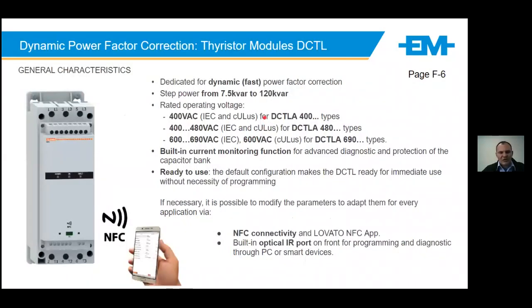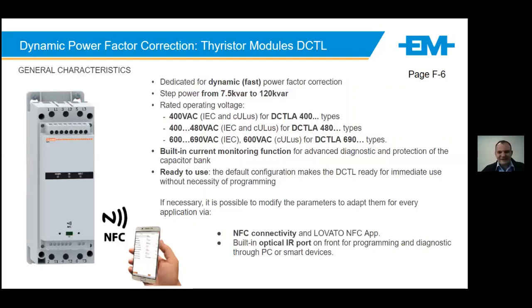So general characteristics: the product can be provided from 7.5 to 120 kVA. We have different voltage ratings depending on your system. The device does have built-in current monitoring functions for diagnostics and protection of the banks.